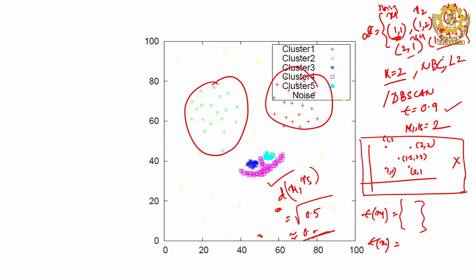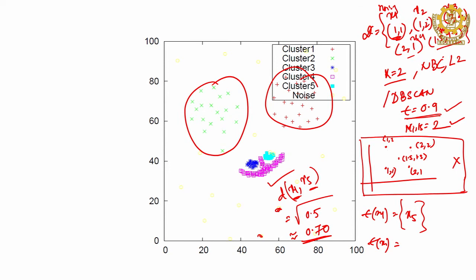One mistake I made here: what is the distance from x1 to x5? It is about 0.7. So x5 will be included, but the minimum points is 2, so this point will be treated as a noisy point and you cannot explore.